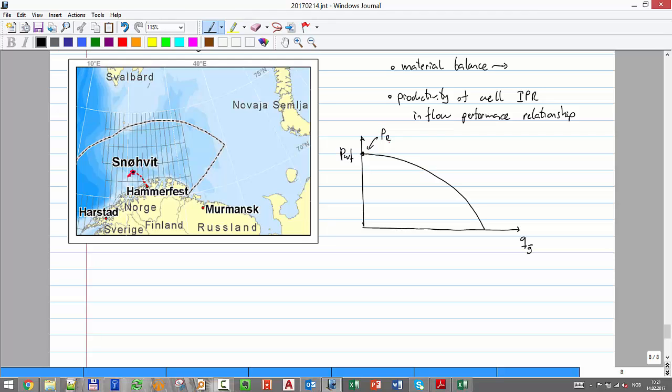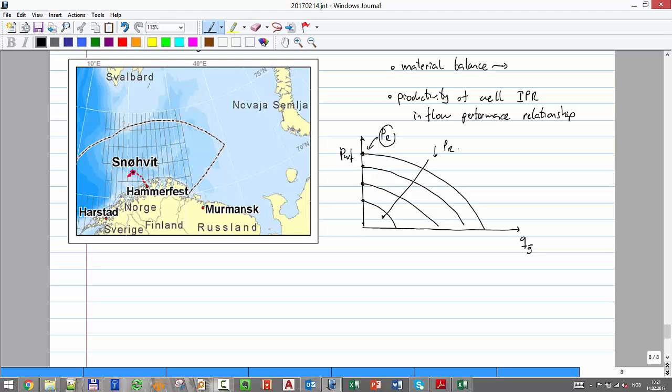But now what happens with time with the IPR? That point is going to go down and down and down. So the IPR usually looks like that: a family of curves, where as reservoir pressure goes down and down, every time I'm able to produce less and less. That's with declining reservoir pressure.